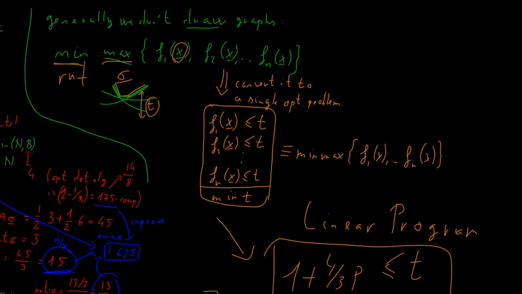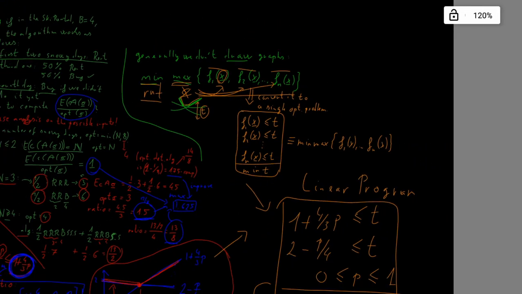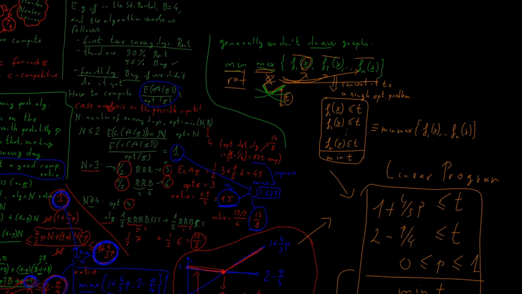And for all the possible inputs eventually boils down to some finite number of case analysis, and for each case I'm just telling you some function which depends on the probability I choose or some other parameter of the algorithm, and I have to set the values of the parameters in order to keep the maximum of these to be as low as possible, and that will minimize the competitive ratio of my parameterized randomized algorithm.